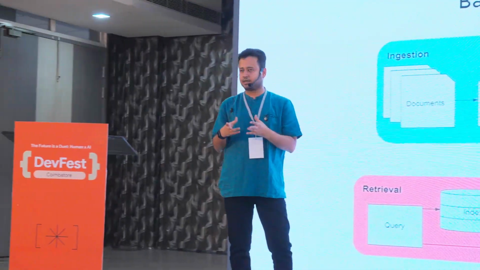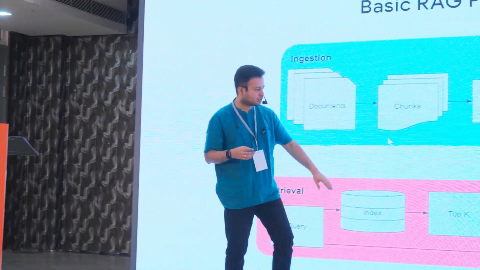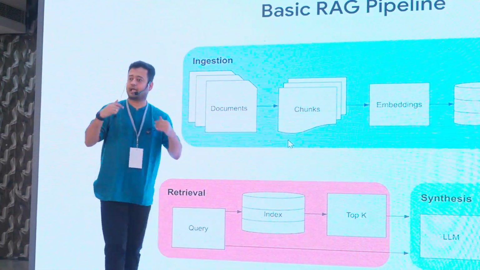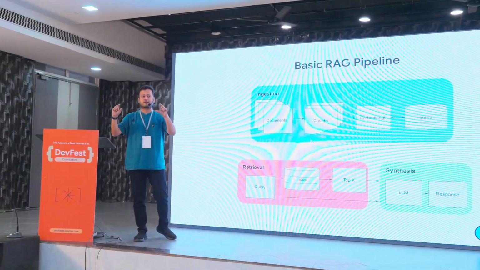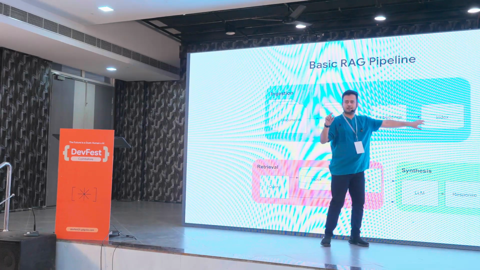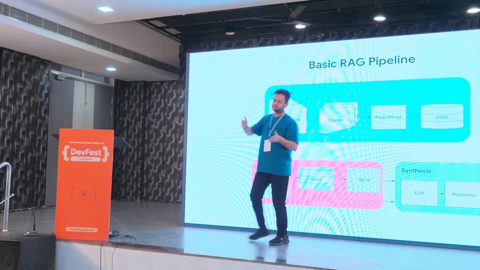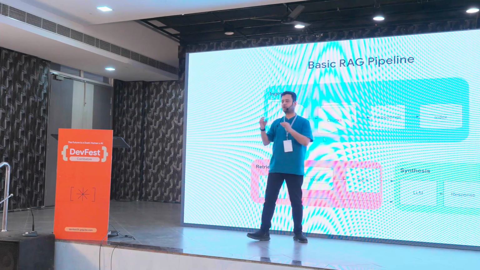Now when a query comes in, it first goes to the embedding model, which generates a vector representation. This vector representation is searched against the entire index of all the vectors that exist. It goes through this entire index and finds the top k values.